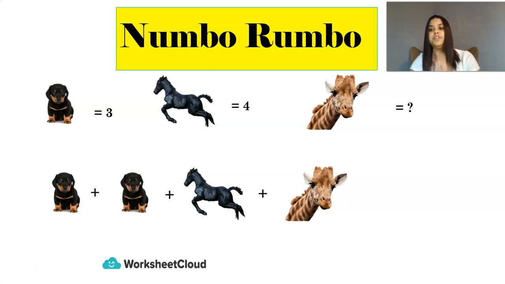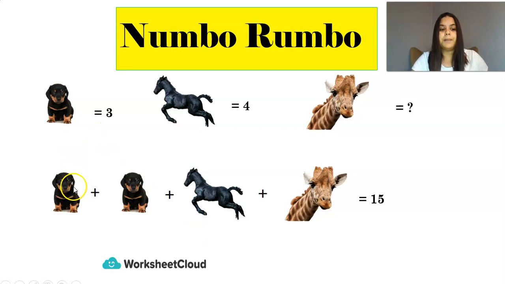And now we need to figure out what the answer would be. And once we know what the answer is, then we can figure out what the giraffe could possibly be equal to. So I'm going to give you the answer quickly to the sum at the bottom, and then you can see if you can figure out what number the giraffe represents.